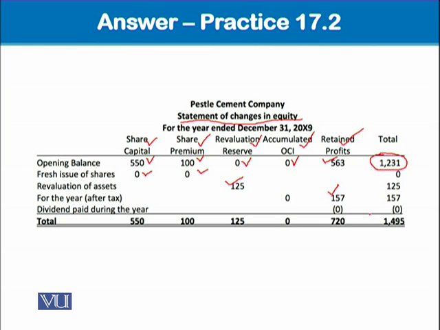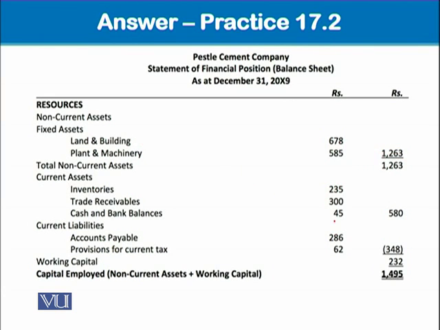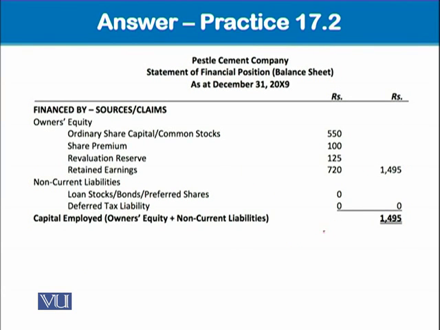So this total column is representing the final figures, and ultimately we have the total amount of owner's equity. You can see this total amount of owner's equity in the balance sheet as well, which is 1495.